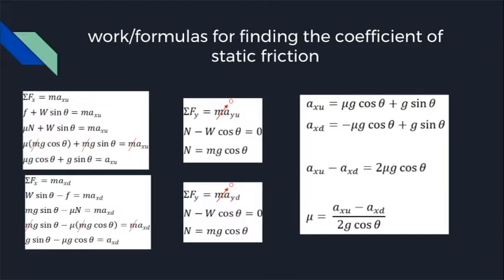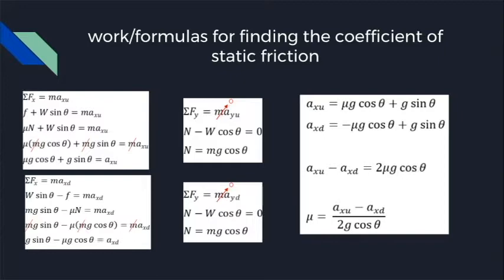We can sub that back into our sum of the forces in the x direction, and we'll get mu mg cosine theta plus mg sine theta equals max up. Each of the terms has an m in it, so we can cancel that out to get our final equation for the sum in the x direction as the cart goes up the track as mu g cosine theta plus g sine theta equals ax up.